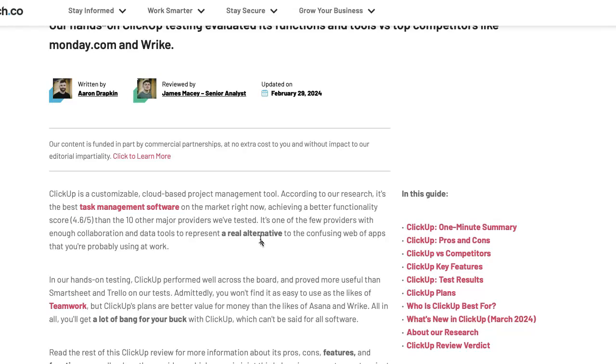So that is pretty positive, and the main concern that they had was the ease of use, which is something that ClickUp acknowledges on their own website. It might be difficult for students to learn how to start using it. However, I feel like once they get adapted to it, it would be a valuable tool.